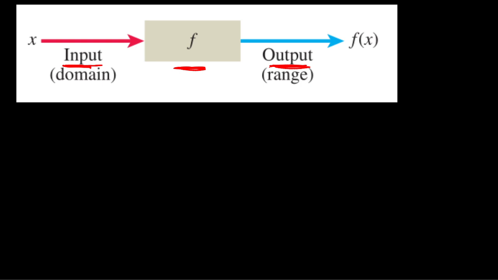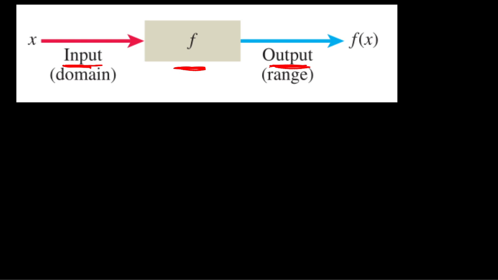But one key point is here: for every input value, your machine gives you a single output value. Then your machine is an example of a function. Then your machine is describing the function. If your machine is not giving you a single output for every individual input, then your machine is not describing a function.